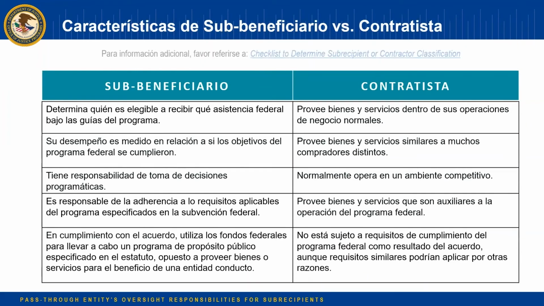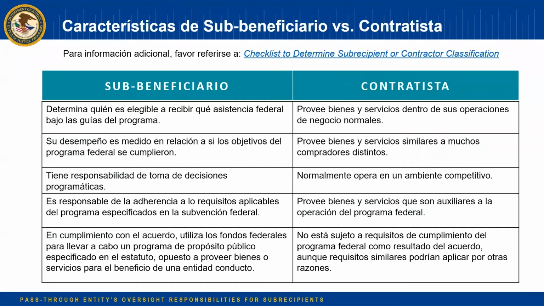So to give you an example of this determination process, the uniform guidance has come up with what they call characteristics of each, either a subrecipient or a contractor. I normally lay my hat on the last section of subrecipient, where it says, in accordance with its agreement, uses the federal funds to carry out a part of that particular program for a public purpose.